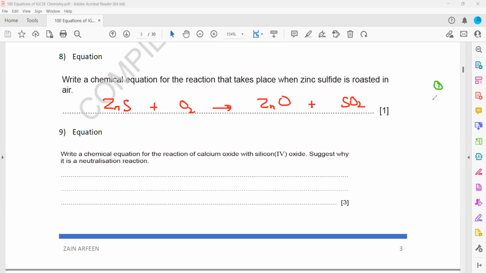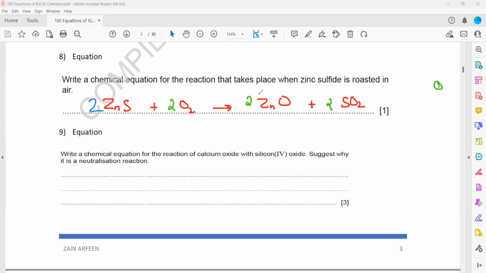Start with oxygen. Hydrogen is not there, then the other elements. So if I put 2 here and 2 here, oxygen is balanced because 2 into 2 is 4 and 4 here. Then zinc is 2, so you put 2, zinc is balanced, and if I put 2, sulfur is also balanced, but now oxygen is not balanced.